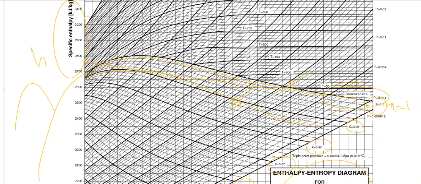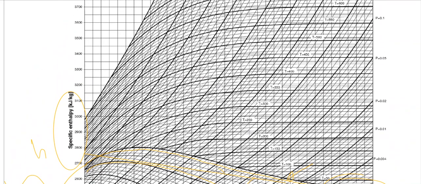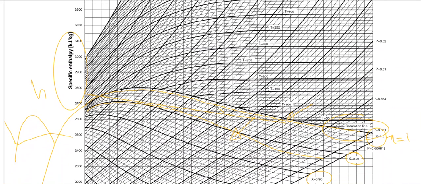But in the Mollier diagram or HS diagram, the figure is skewed or tilted in such a way that the pressure lines go straight inside the vapor dome, so it is a little bit tilted or skewed as well.